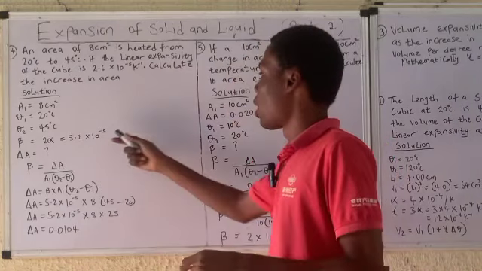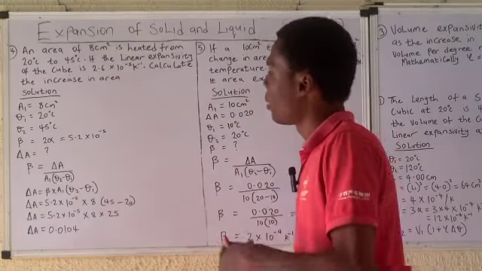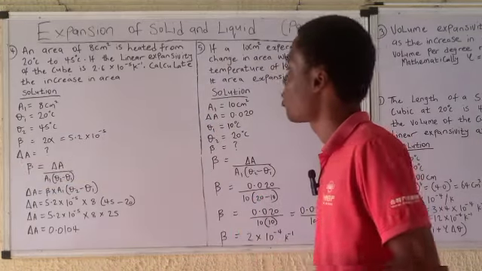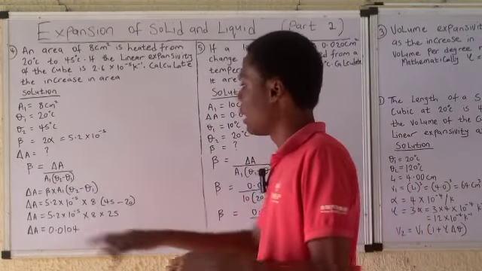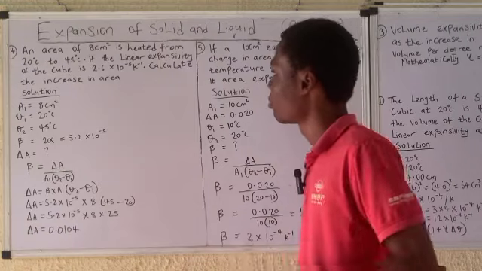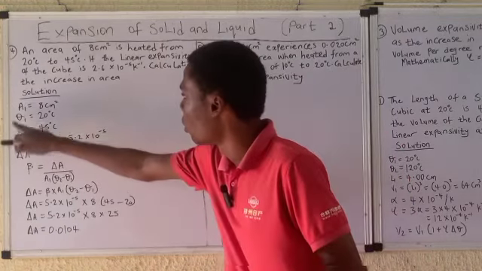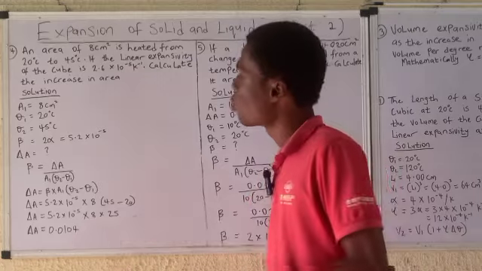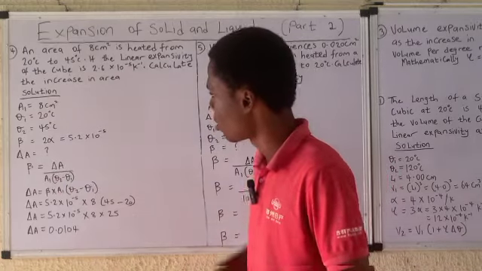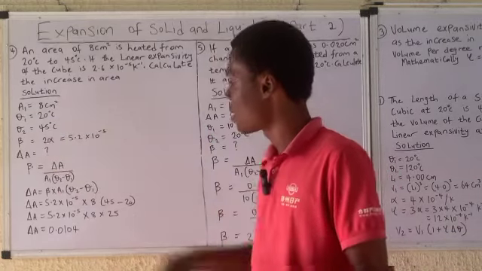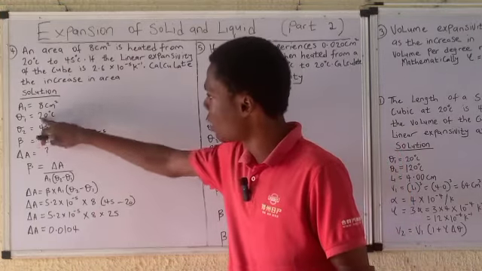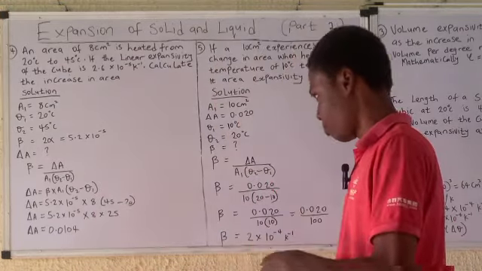So what's our beta? In our parameters, our beta is 5.2 times 10 raised to the power minus 5, which we have here. Then our initial area, which is A1, we have as 8 centimeter square. Then our theta 2 is 45 degrees Celsius, and our theta 1 is 20 degrees Celsius, which we have here.